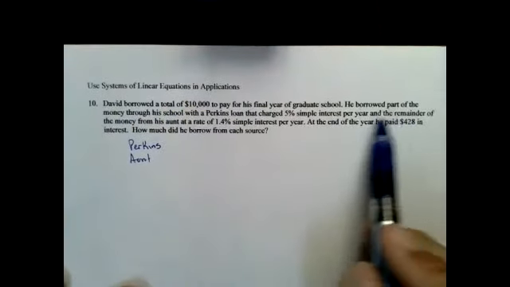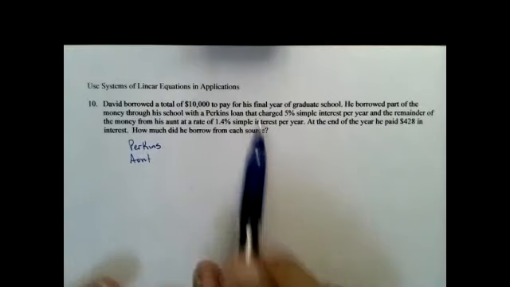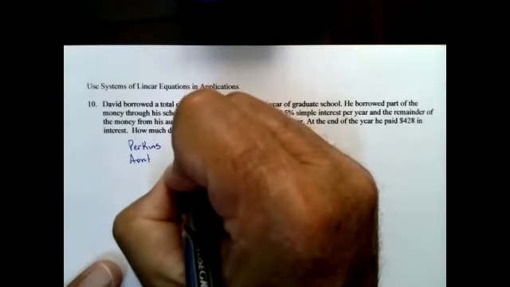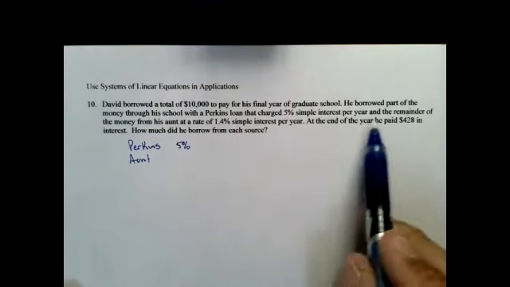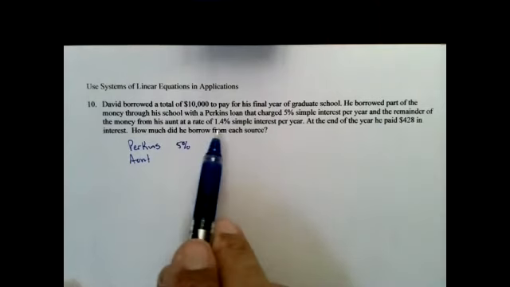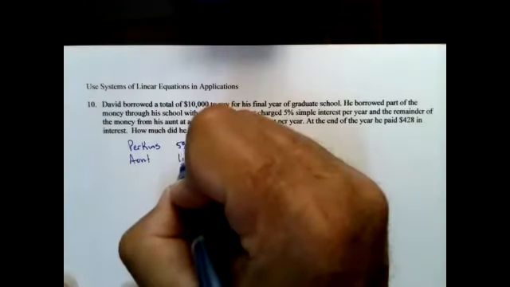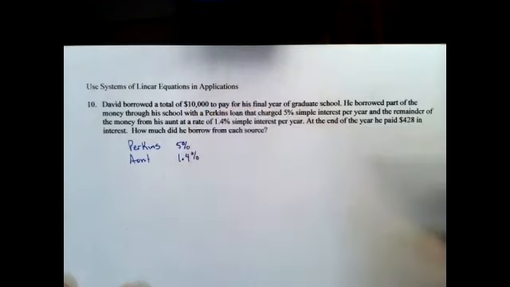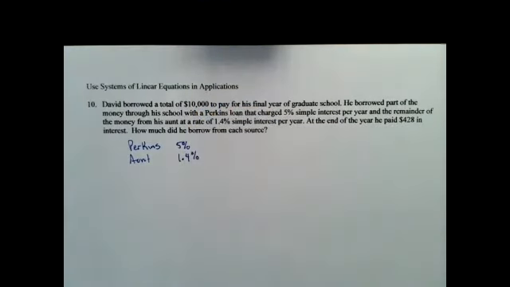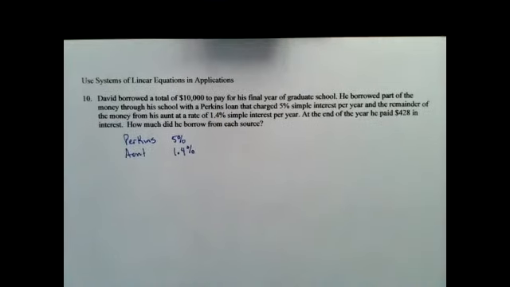He borrowed money through school with a Perkins loan that charged 5% simple interest per year, and the remainder of the money from his aunt, who's charging him 1.4%. At the end of the year, he paid $428 in interest. How much did he borrow from each source?